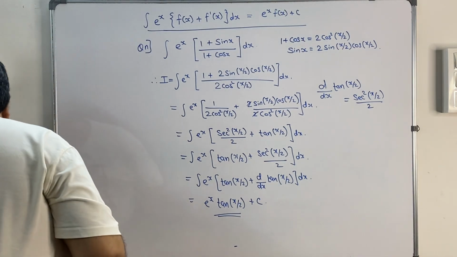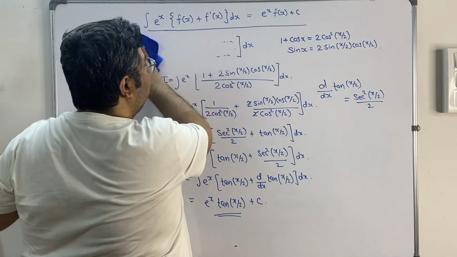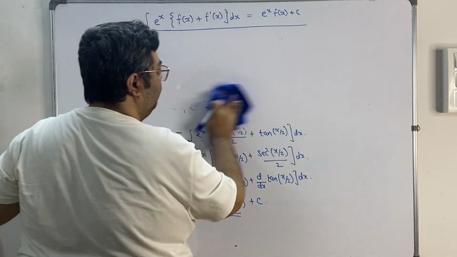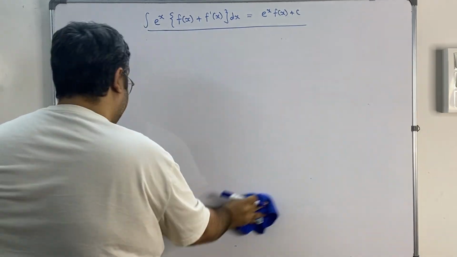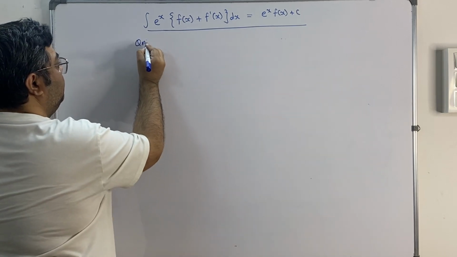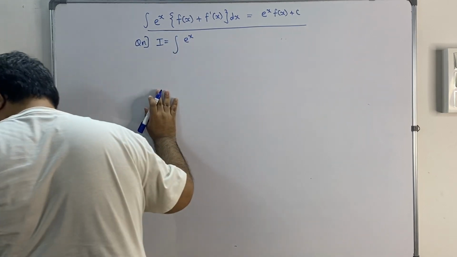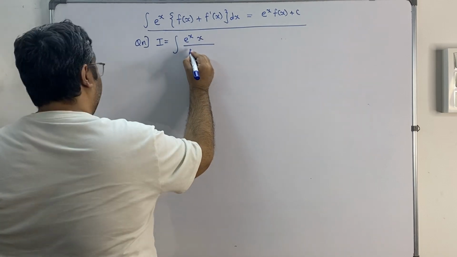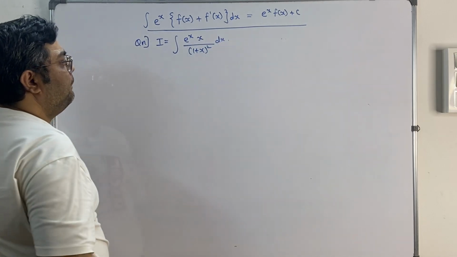Okay, let us try one more question on the same rule. This says, question, I is equal to integration e raised to x over (1 plus x) the whole square dx.